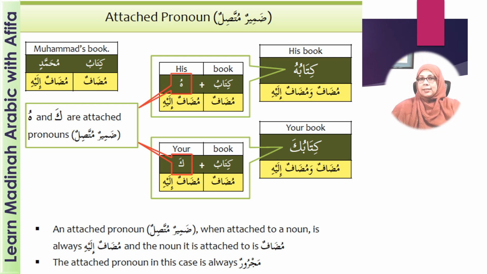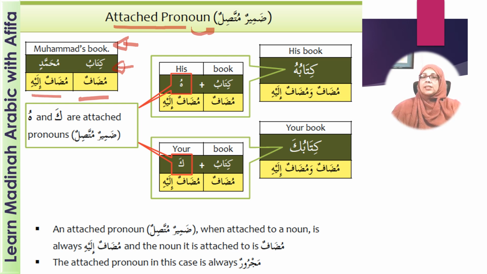So we are still discussing the attached pronouns, which in Arabic is called damirun muttasilun. So in previous lessons, we have been studying the idafa construction, which is Muhammad's book. In Arabic, we say Kitabu Muhammadin, where we said Kitabu is the mudaf and Muhammadin is mudaf ilayhi.